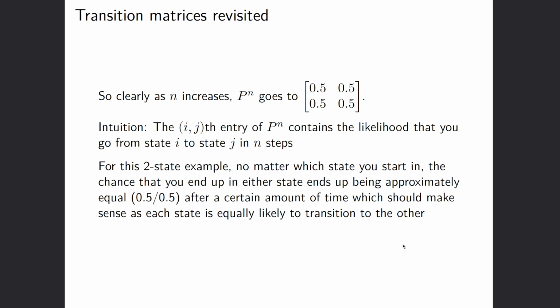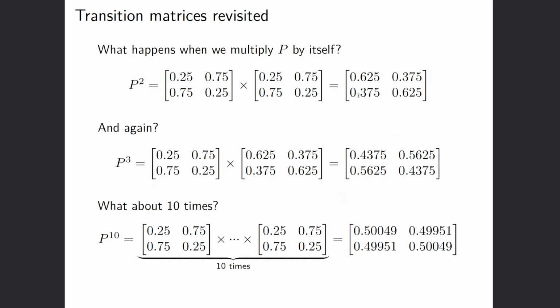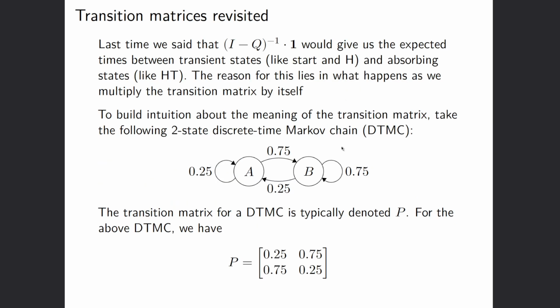The intuition we can get from here is that each entry in this matrix, for row I and column J, contains the likelihood that you go from state I to state J in n steps. So it's the likelihood that you end up in the column state, starting at the row state, after n steps.